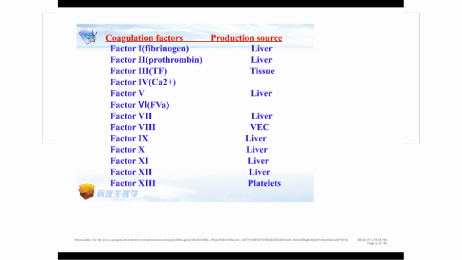Factor 4 is calcium, factor 5 is from the liver, factors 6 and 7 are from the liver, and factor 8 is from the vascular endothelial cells, the VEC. These are the cells that line the blood vessels, if you can remember your histology.